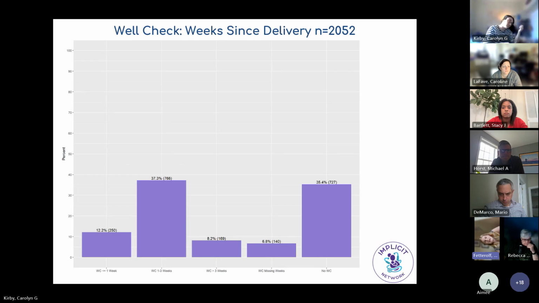Then we still have patients that have no visit, that 35%. So we really want to not only bring patients in for an early postpartum, but also make sure they are attending a traditional postpartum. The fourth column, the 6.8%, is missing documentation. We know they had a visit, we just don't know when that visit occurred. Next slide.